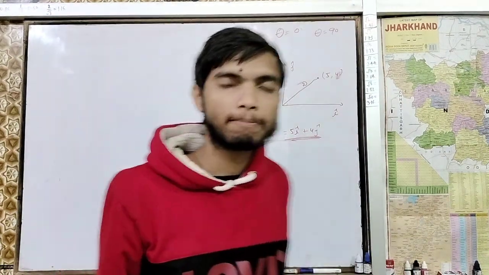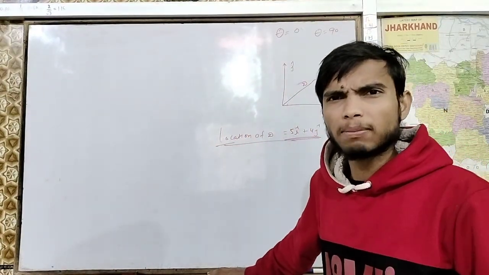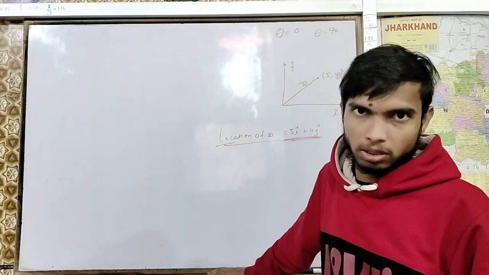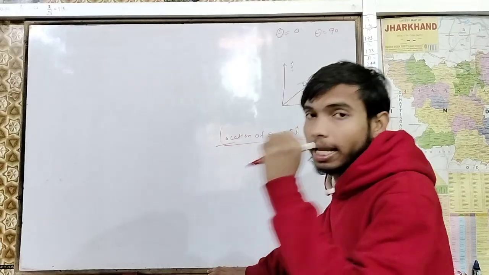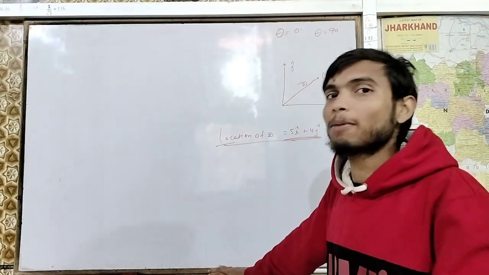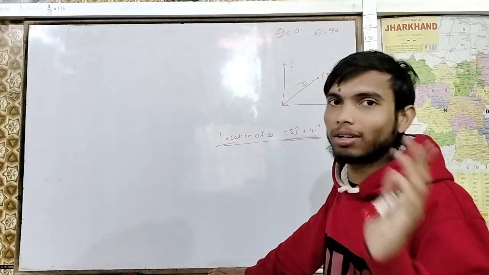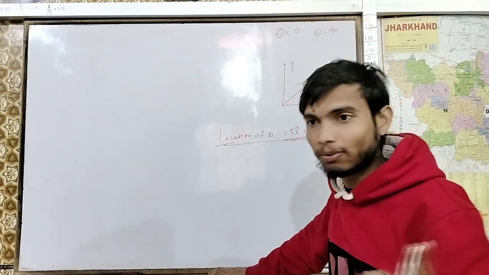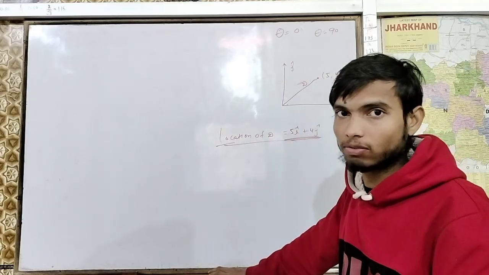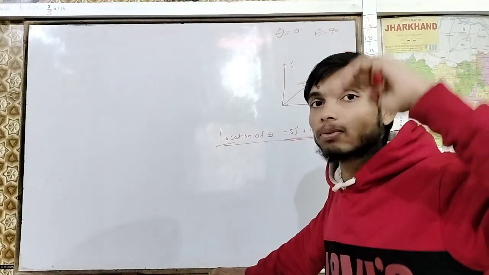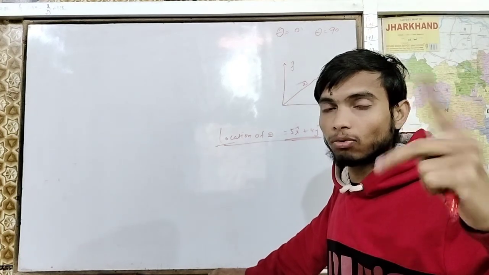Can someone say that this particle is moving and at the same time it is covering 5 along the x-axis? At the same time, how much did it cover upward? 4. It went 5 units along the x-axis and 4 units upward.